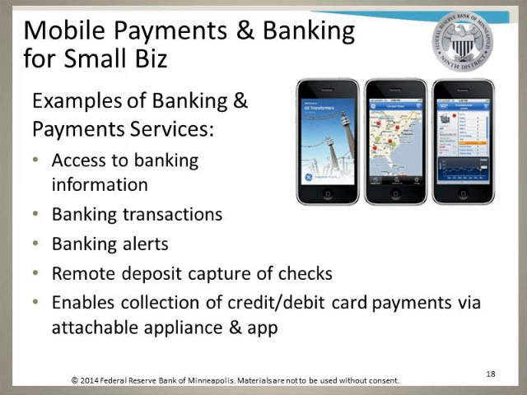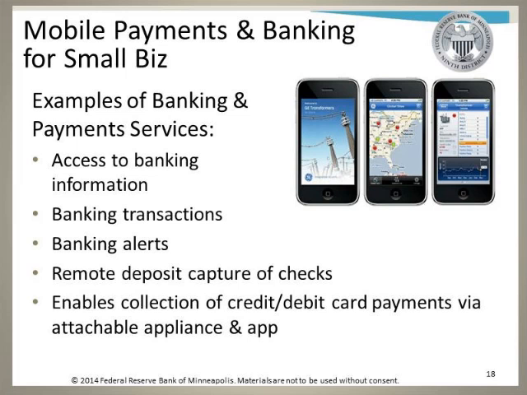So these are some of the relatively common services now available through mobile banking. You can access information about your account. You may be able to see transaction activity. A great service that a lot of businesses use is alerts, and consumers use this too, to alert you to any type of activity that you might then conclude is fraudulent, to allow you to take proactive action.